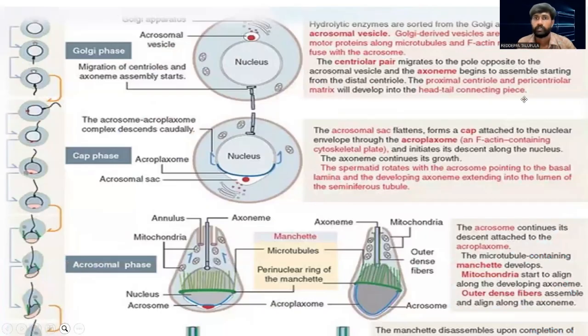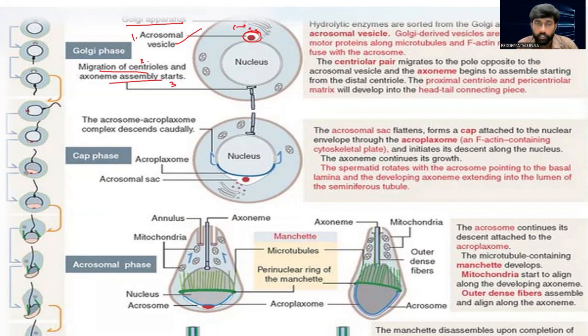Now you can see, here the Golgi apparatus is present. They secrete the proacrosomal granules, and they all fuse and form the single acrosomal vesicle. It is the first key event, second is migration of centrioles, and third is the axoneme assembly starts.